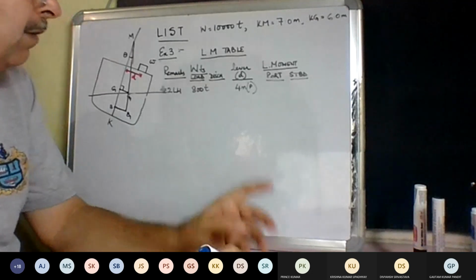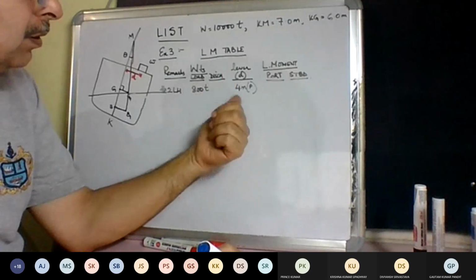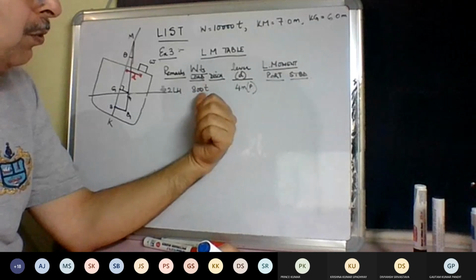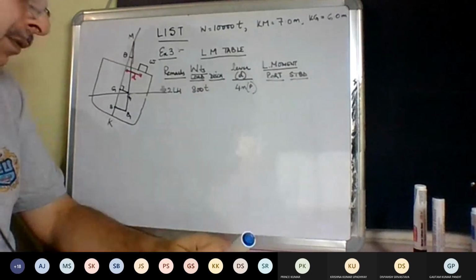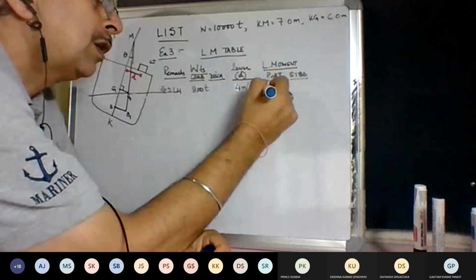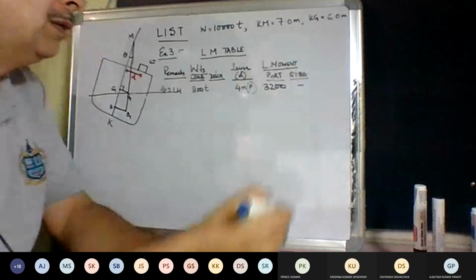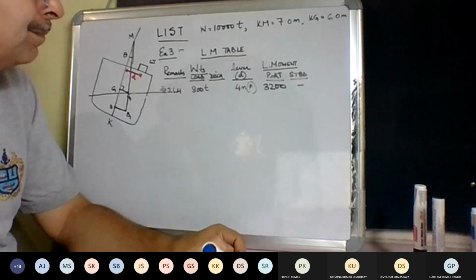When I'm loading so much, she is going to cause 3,200, W into D, as the listing moment. So listing moment will be 3,200 to port, nothing to starboard. Did you understand what I'm doing?